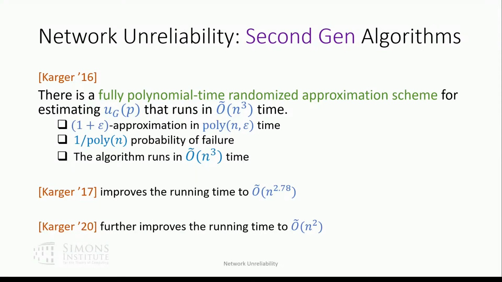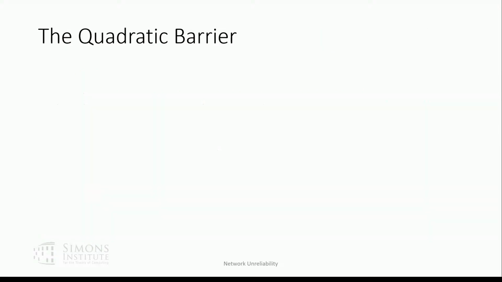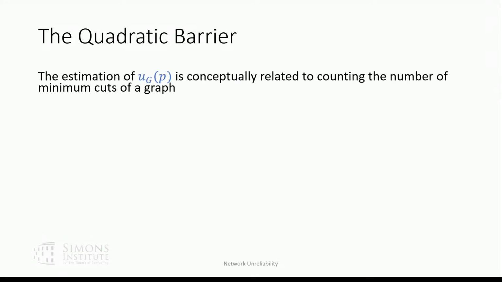But now you hit what is sort of a basic barrier. And I'm calling that the quadratic barrier. Okay, so what's this barrier? It's clear that the estimation of unreliability U is conceptually related to counting the number of minimum cuts of the graph. Remember, the basic idea in the first generation of algorithms was to truncate the cut formula at the small cuts.